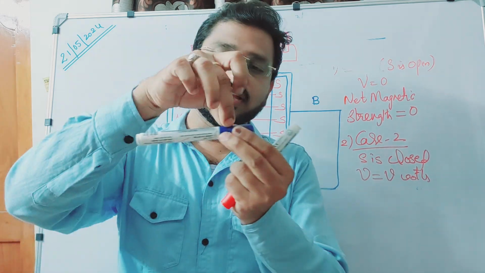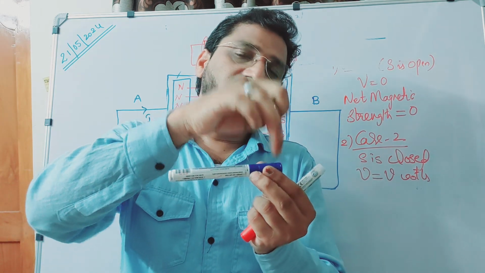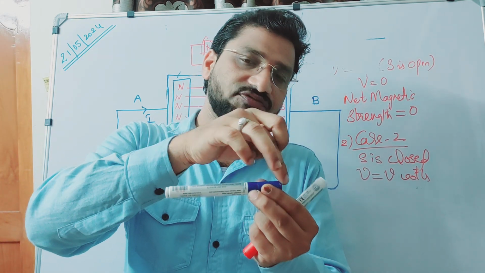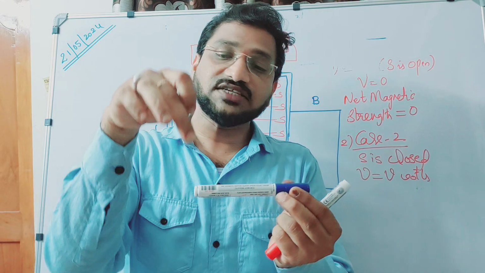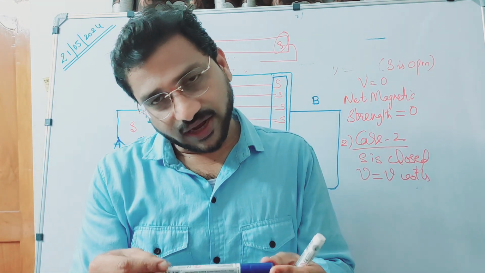The reason is, here the strength is zero. There is no property. Those particles will be attracted at both the left side as well as the right, because the property lies only at the edges, whether it is an electromagnet or a permanent magnet.